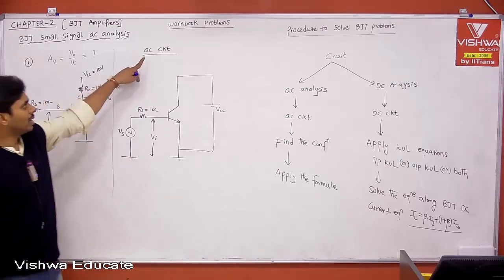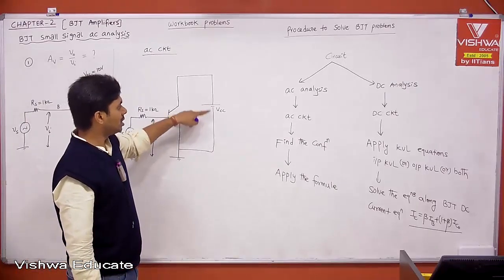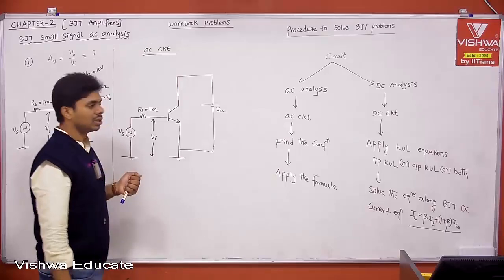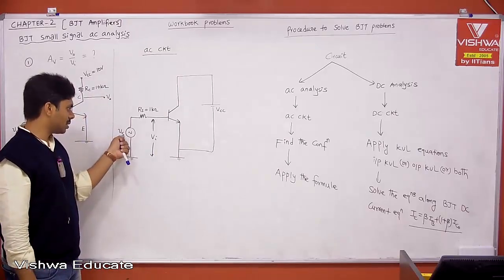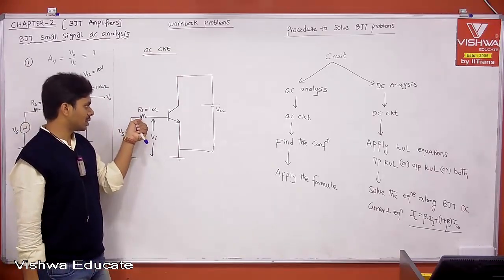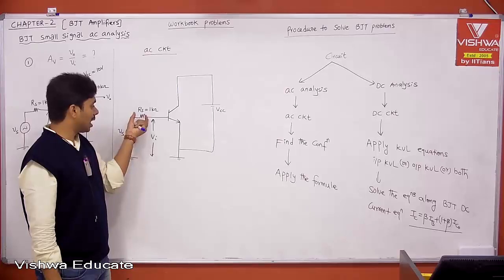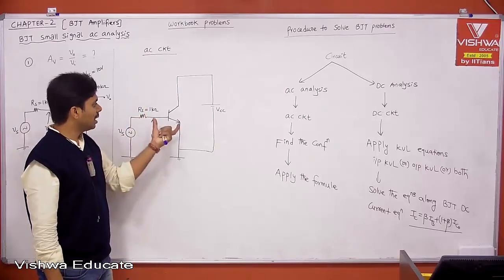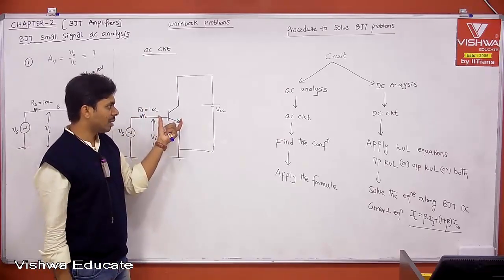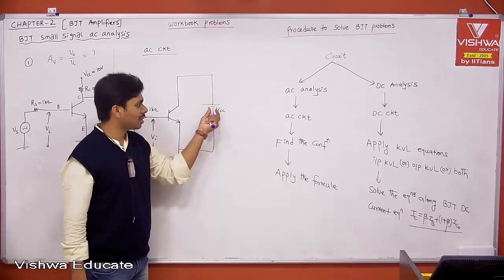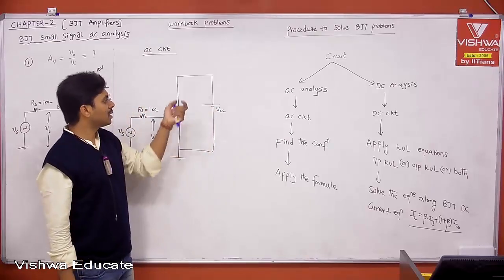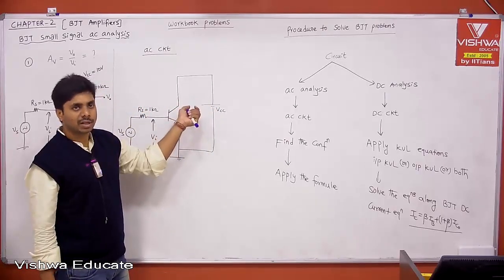And I told you that for the AC circuit, tell me what is the change in VCC, because we need to take everything as change in quantity. Change in voltage, yes, that is present. Change in resistance, the dynamic resistance, that is 1K. The dynamic circuit of BJT is the H parameter model, and the dynamic circuit of your power supply. Therefore, we need to replace everything with its internal resistance as dynamic resistance.